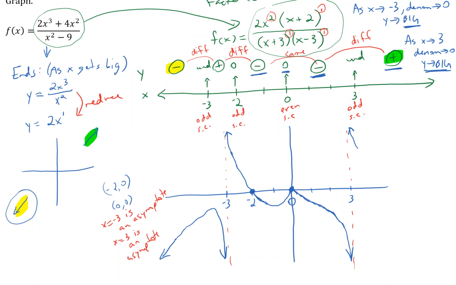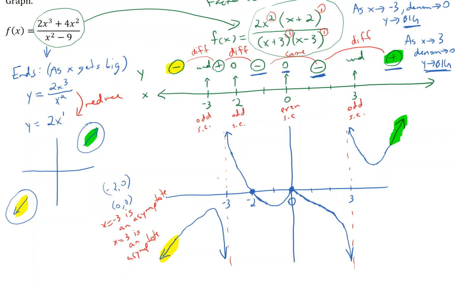Now, this is the right end, so I have to use my right end behavior. So I have to stay above the x-axis. So it looks like I'm going to keep coming down, but I can't keep going down because I'll hit the x-axis. So eventually I've got to turn back up, and then I turn into my right end behavior. So my right end has to look like what I have over here. And my left end matches what I have over here as well.